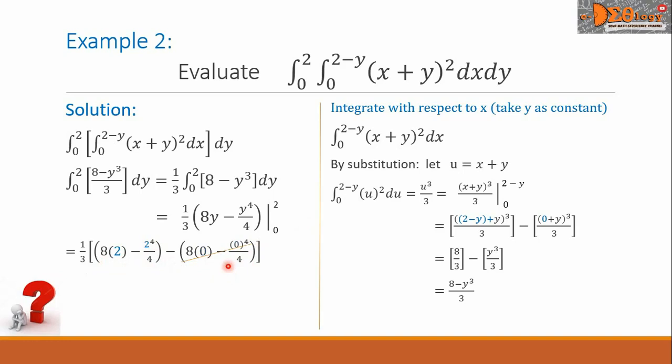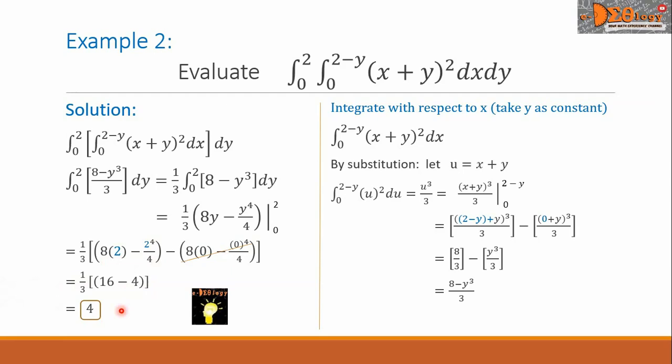Then let us simplify the first group. 8 times 2 is 16, minus 2 raised to 4 is 16, divided by 4 is 4. 16 minus 4 is 12, and the 12 times 1/3 will give the answer 4. This is the final answer.